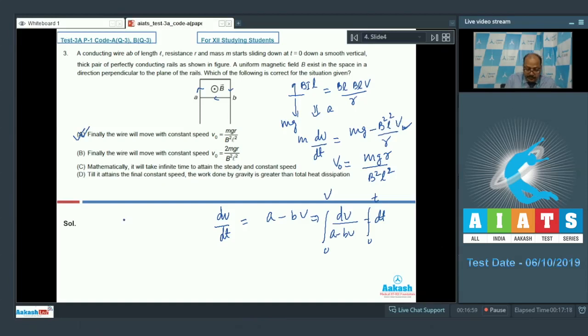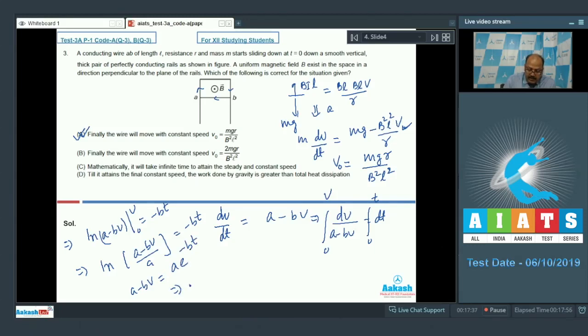we will find that ln A minus BV from 0 to V is equal to minus Bt, which means ln of A minus BV upon A is equal to minus Bt, and A minus BV is equal to A e to the power minus Bt, which gives us V is equal to A by B into 1 minus e to the power minus Bt, right?